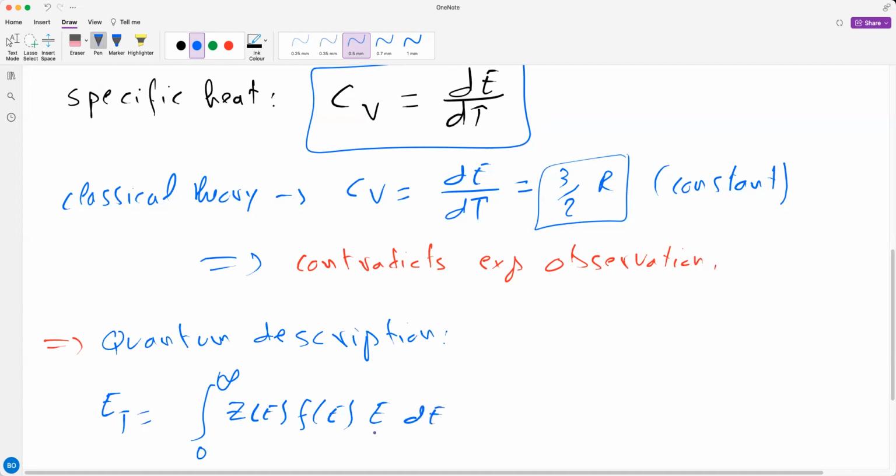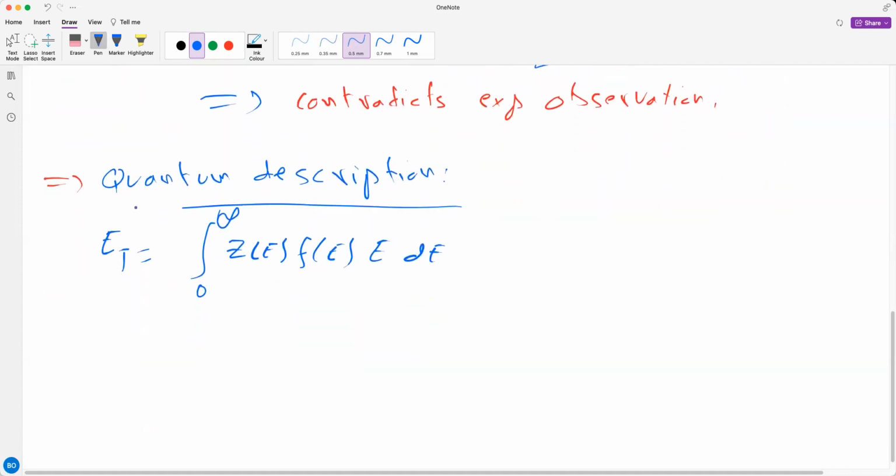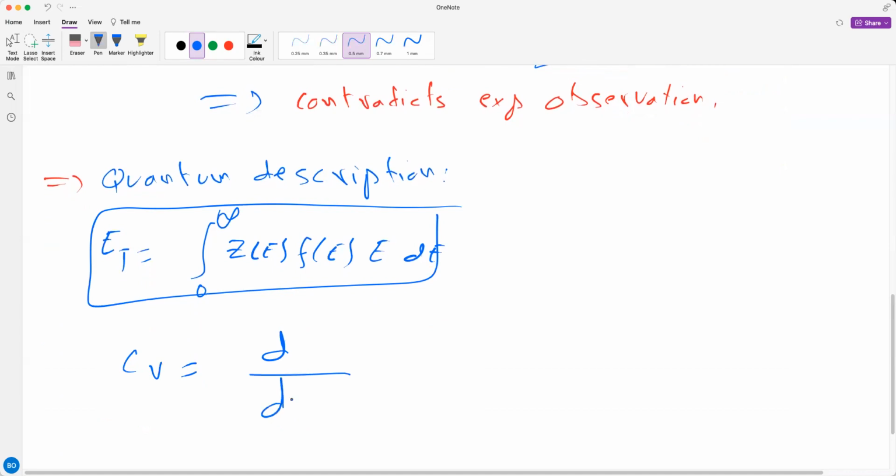So this is the total energy. And then the specific heat will be just the derivative with respect to the temperature of this total energy. This is the density of state.